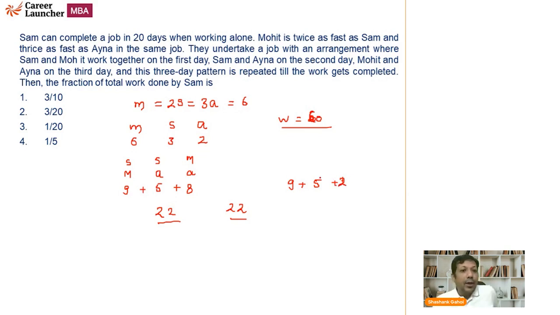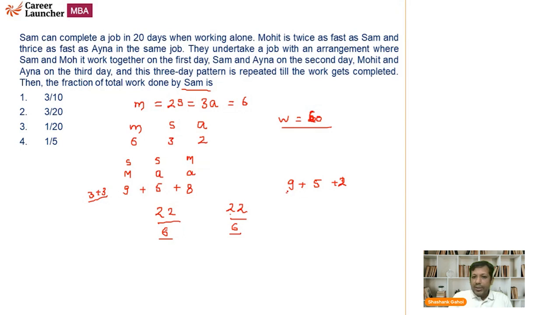Okay. Now, what is the question saying? The question is saying, what fraction of the total work is done by Sam? So out of 60, how much is Sam doing? Okay. So on the first day, Sam is working, so Sam is going to do 3 units. On the next day, Sam is working, so Sam is going to do 3 units. Okay. So Sam has done 6 units out of 22. On the very next day, Sam is doing how much? 6 units.